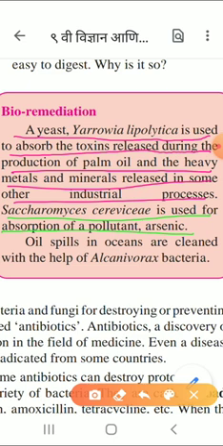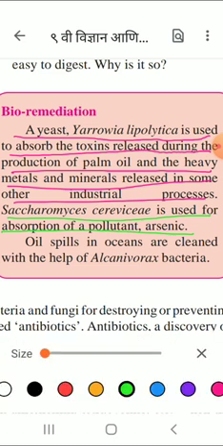Now you might have sometimes seen the water of the sea become very dirty, very sticky, very blackish in color. Why does it happen? It happens because of oil spills in oceans. This oil spill in the ocean is cleaned with the help of a bacterium called Alcanivorax. What is it called, children?